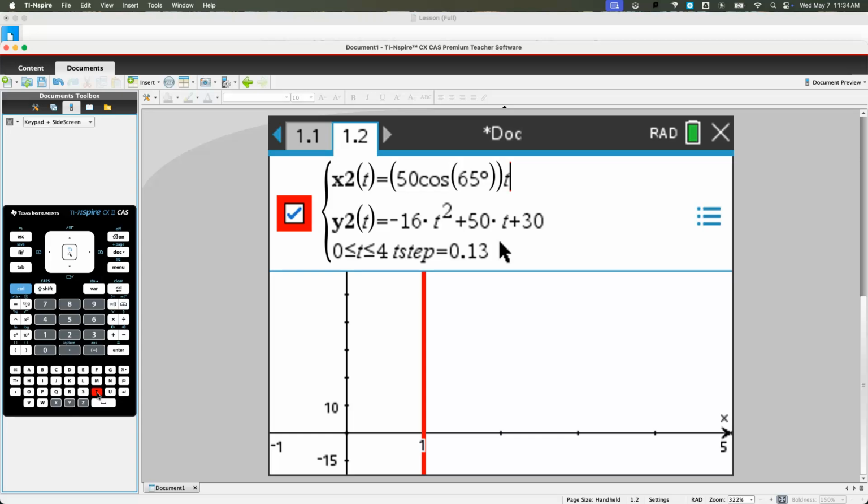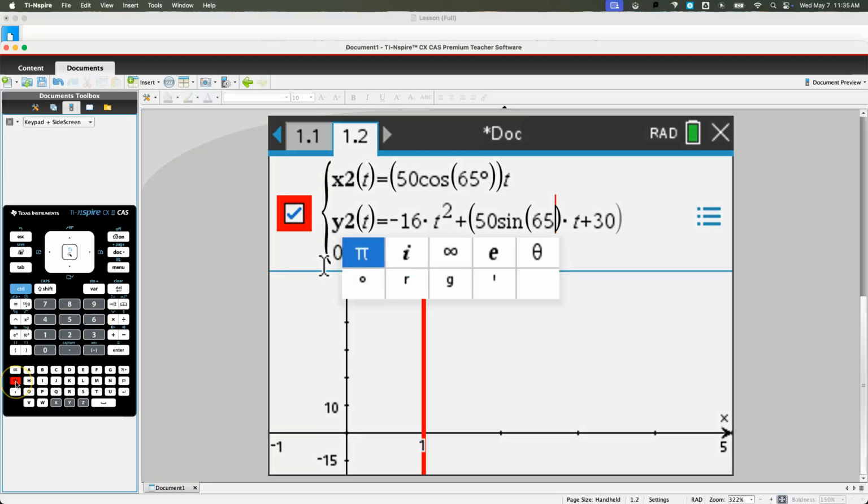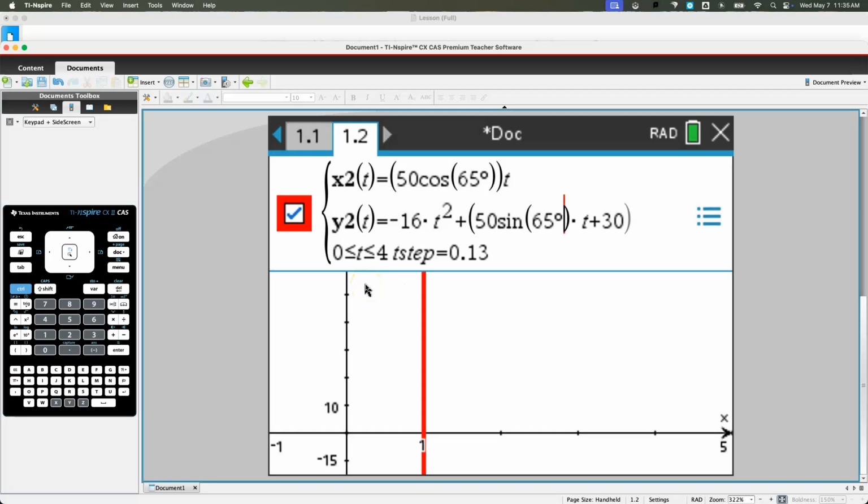In terms of this one, I just need an open parentheses there, and then I need a 50 sine of 65, and here again I've got to add in the degree symbol. But then I got to go past t and close off that parenthesis.